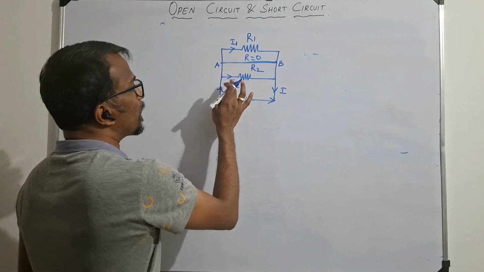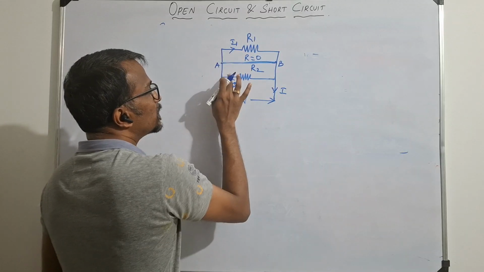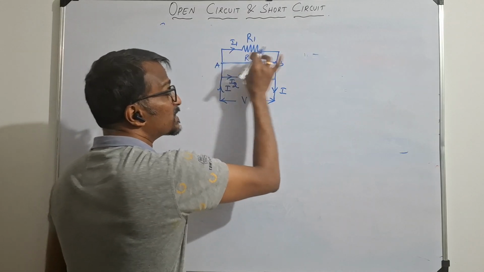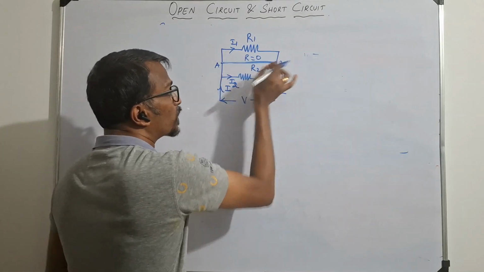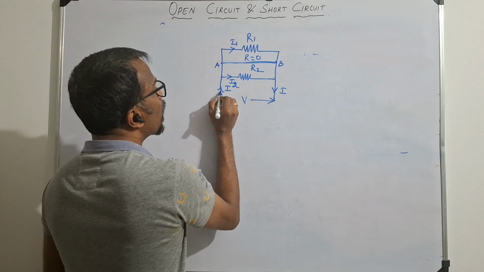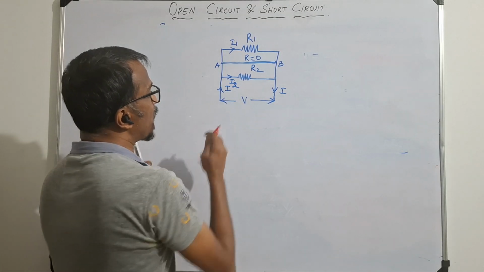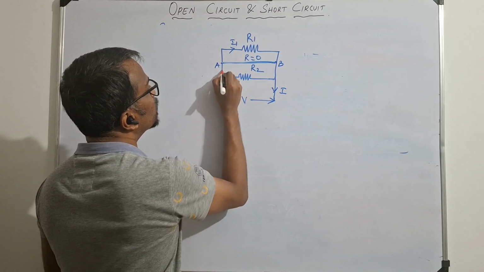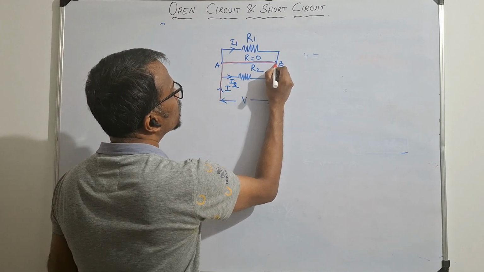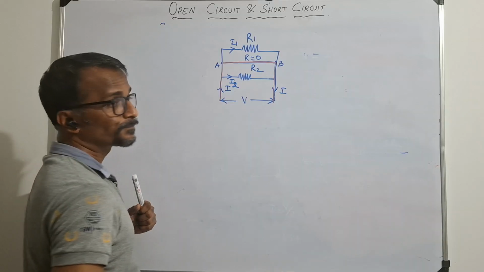So among these 3 paths, this path is the easiest way to return. There is no resistance. So what happens? All this current I will flow through this short circuit path and come back.